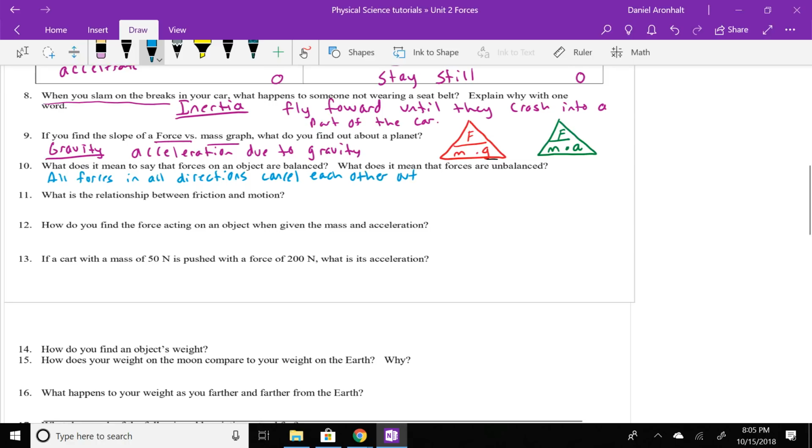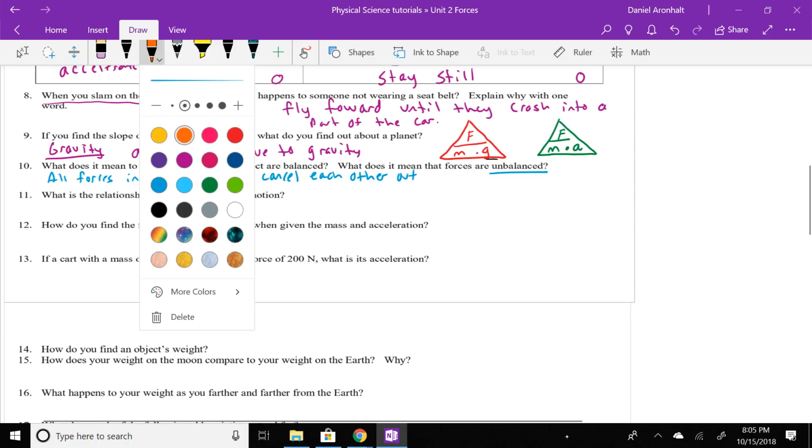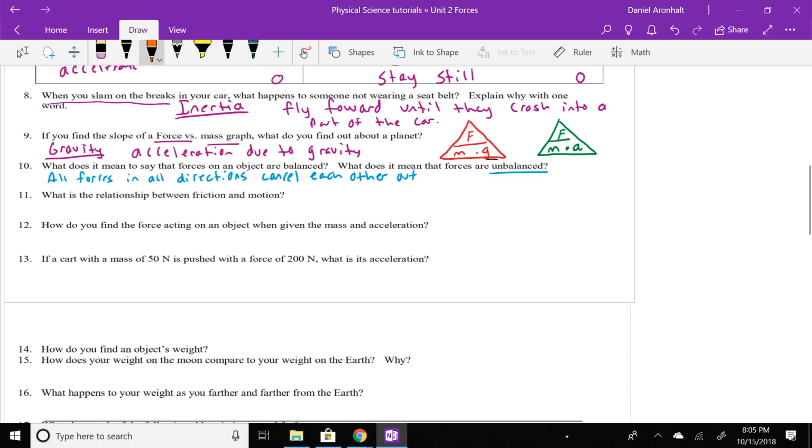Same thing. And what does unbalanced mean? That means the opposite, that one force in one direction is unequal to another force.